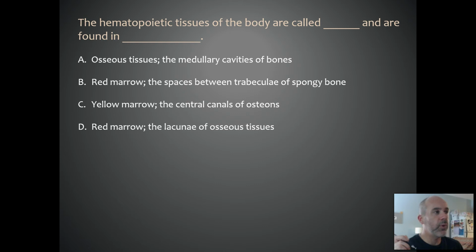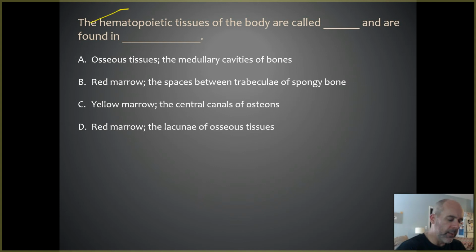All right, the hematopoietic tissues of the body are called blank and are found in blank. And hopefully, hematopoietic is a long word, but hemato refers to blood, which you will learn a lot more about when you take Biology 202.